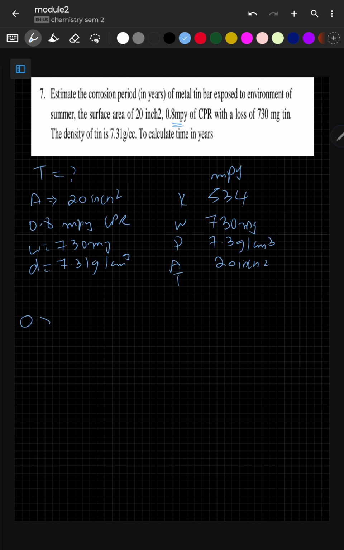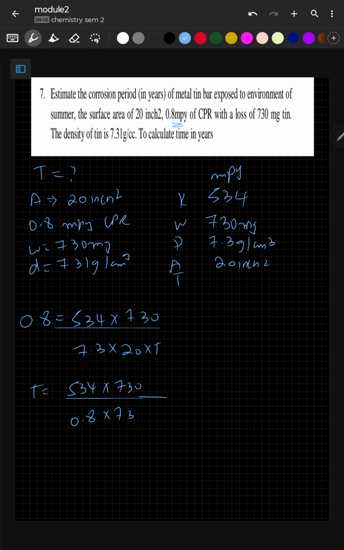So 0.8 equals to 534 into 730 by 7.3 into 20 into t. So t equals 534 into 730 by 0.8 into 7.3 into 20. So 534 into 730 divided by 0.8 into 7.3 into 20.